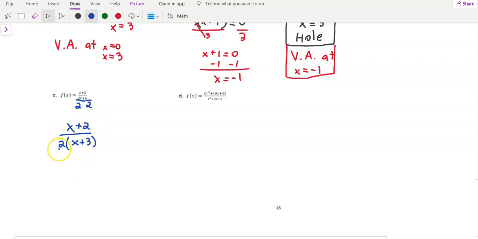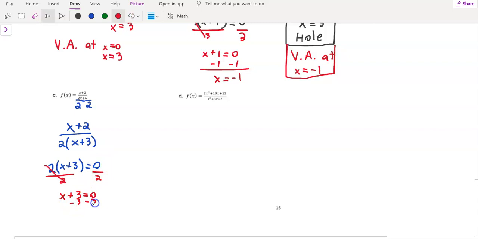So we'll just take our denominator, set it equal to 0 to find our vertical asymptotes. So I have 2 times x plus 3 is equal to 0. We can divide each side by 2 so that these cancel. So x plus 3 is equal to 0.